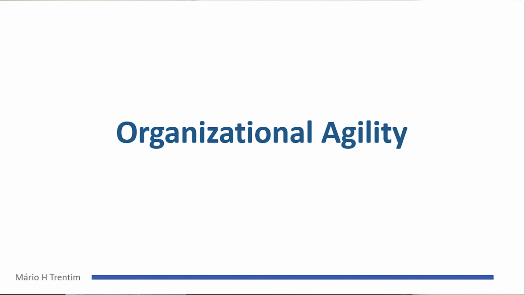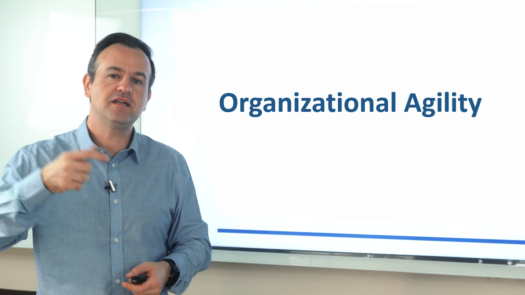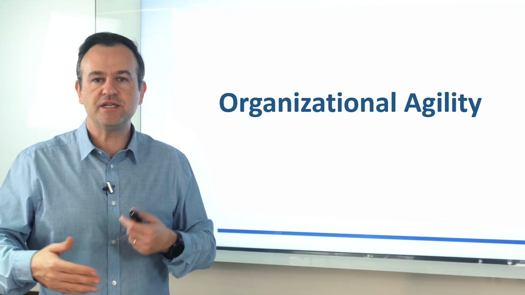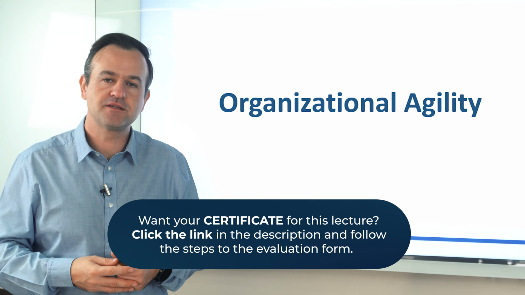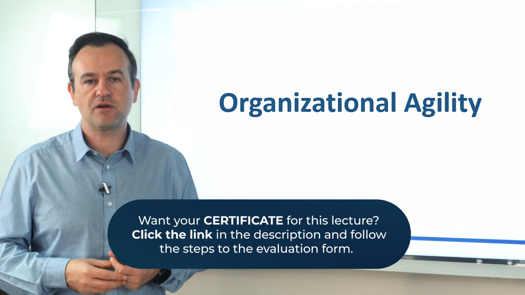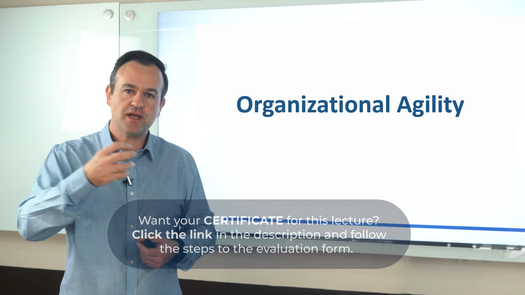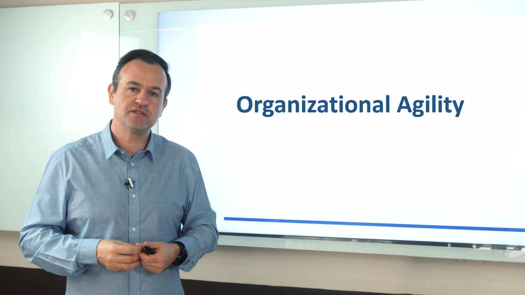Organizational agility means we are capable of executing the project, transitioning the project, and then delivering the benefits once we use the project results. Organizational agility means we have not only a hierarchy in our organization, but also that we are able to create smaller teams and to assign specific tasks to these teams.